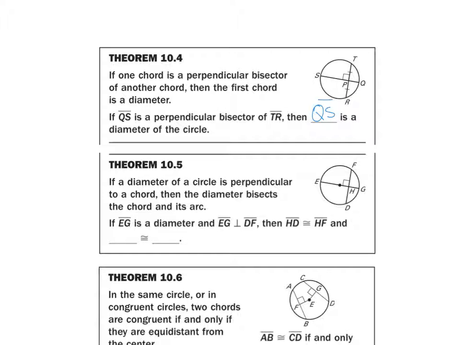And if a diameter of a circle is perpendicular to a chord, then the diameter bisects the chord and the arcs. So if EG is a diameter and EG is perpendicular to the chord FH, then HD is congruent to HF, and arc DG is congruent to arc FG.